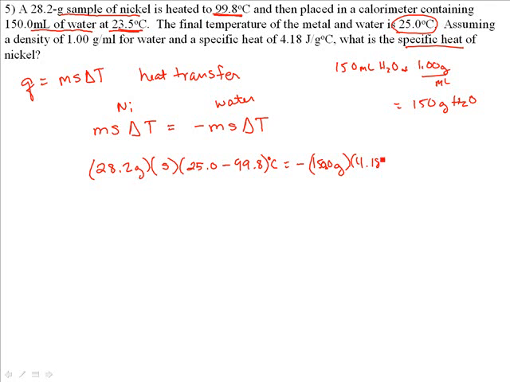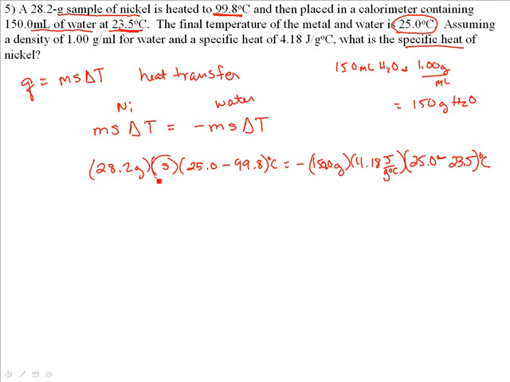I'll just use 4.18 joules per gram degree Celsius. And the final temperature is the same as the whole mixture minus the initial temperature of the water, and that's all plugged in.